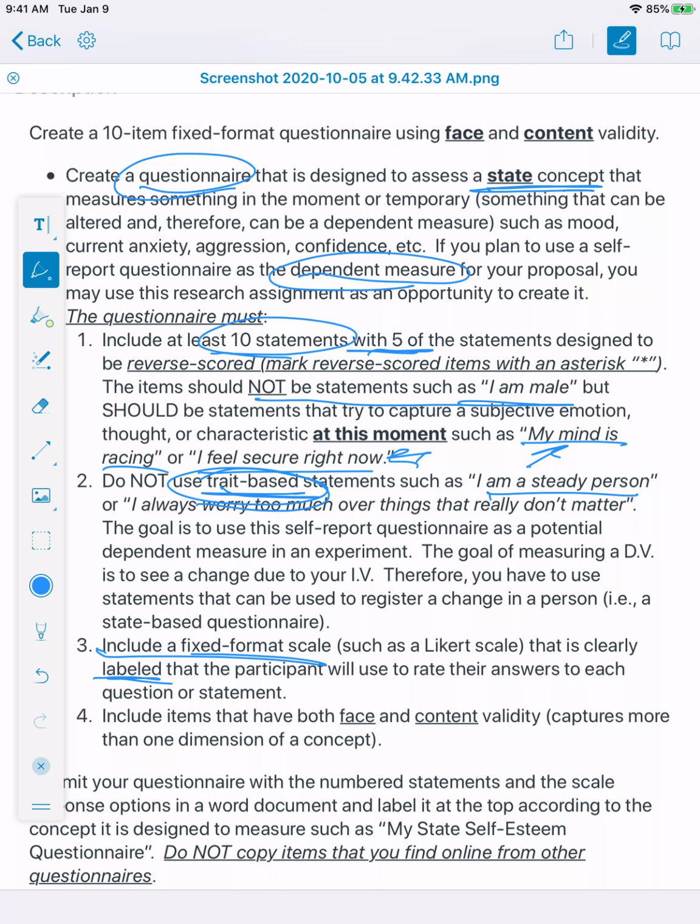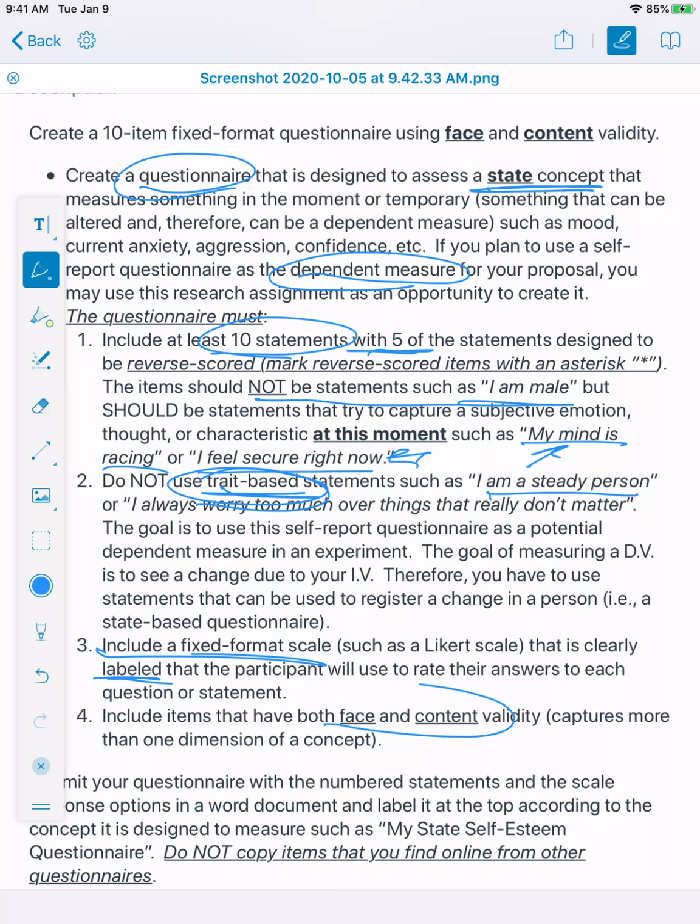So a Likert scale would be essentially from strongly disagree to strongly agree. Or you could do a semantic differential scale from, say, easy to hard. But once again, we need to have the labels for each of the numbers that are going to represent what a participant can select in response to these items.